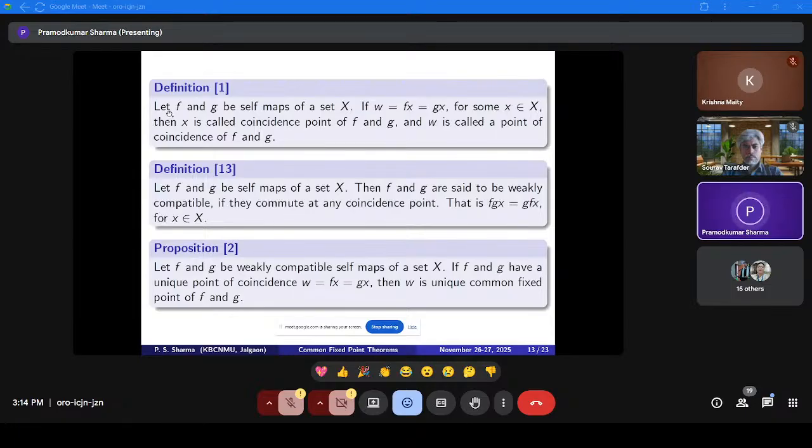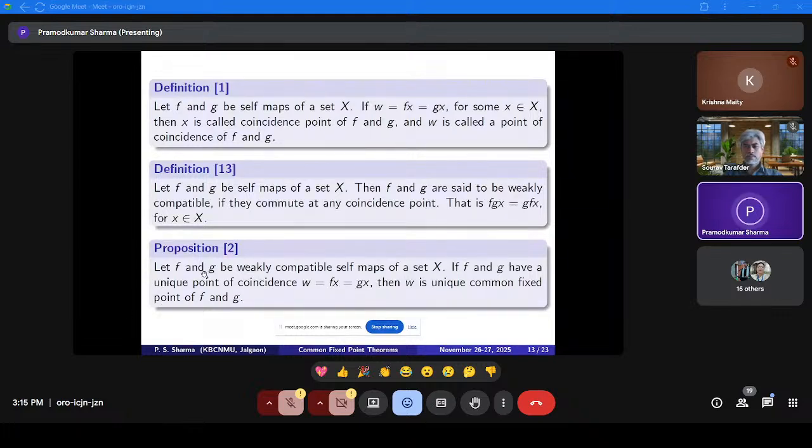So for proving the theorems, we require these definitions. Let f, g be self maps. If fx = gx for some x belonging to X, then x is called a coincidence point of f and g, and w is called a point of coincidence. If f and g are self maps, then f and g are said to be weakly compatible if they commute at their coincidence point.